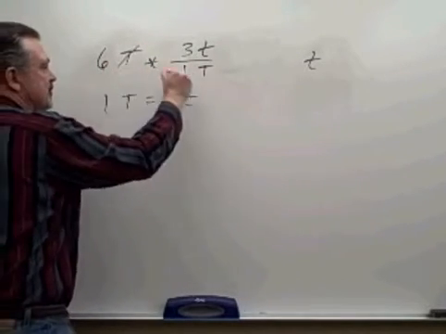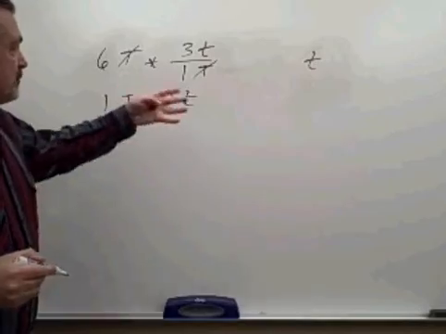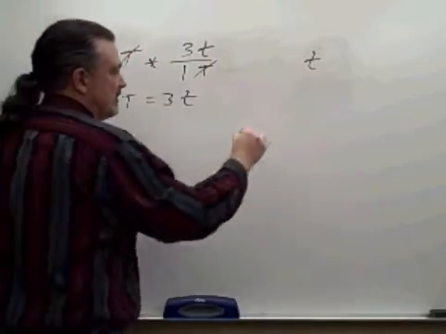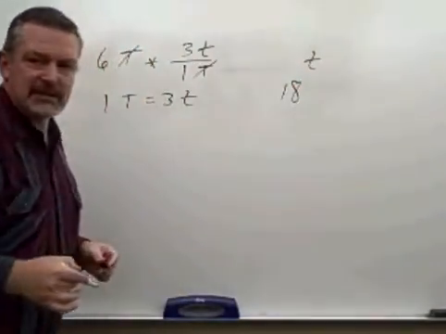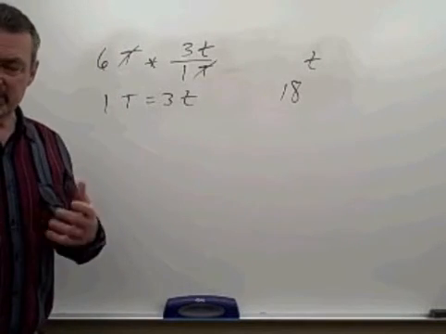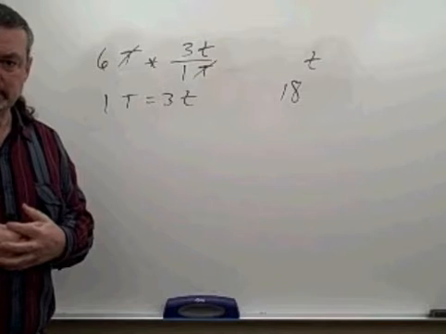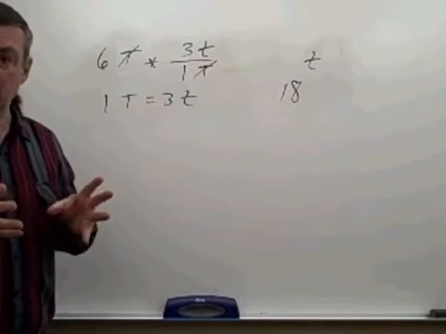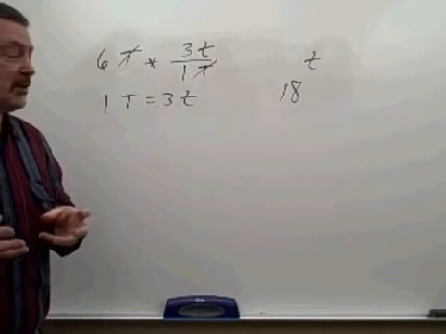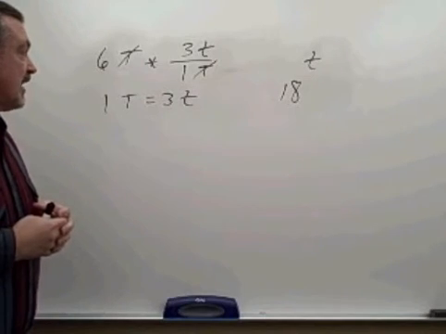So now the tablespoons will cancel. The multiplication, 6 times 3, gives us 18 teaspoons, which is measuring the same amount of liquid as 6 tablespoons would be measuring. So here's an example of converting with liquid measure in the household system.